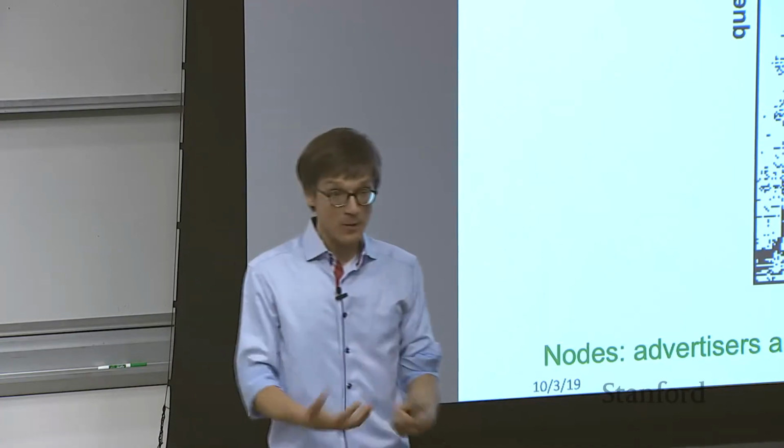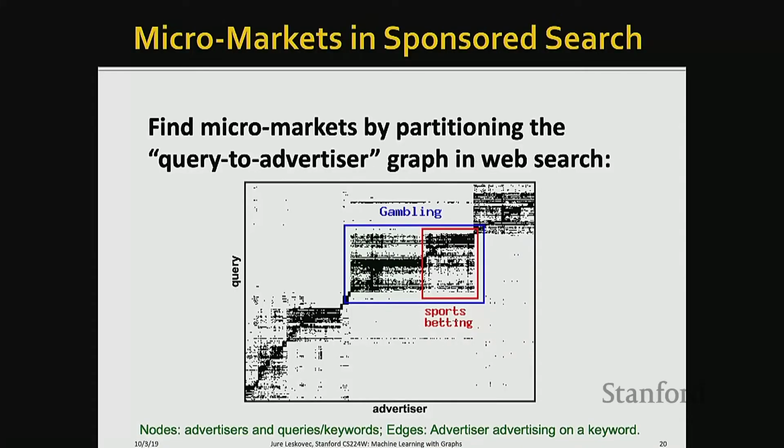Another place where these kinds of communities arise is, for example, sponsored search or web advertising. The way web advertising works is that you have advertisers who bid on keywords or queries, right? Whenever a particular keyword is entered, this particular set of advertisers want their ad to be shown.